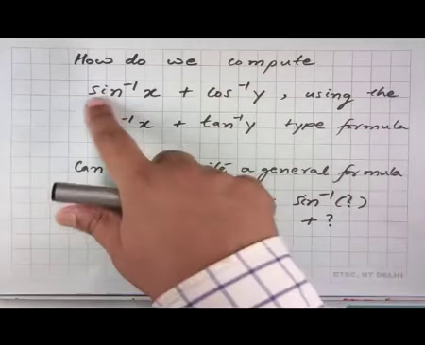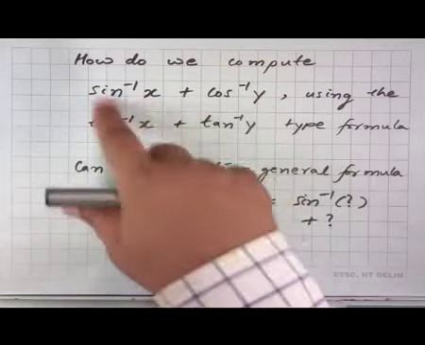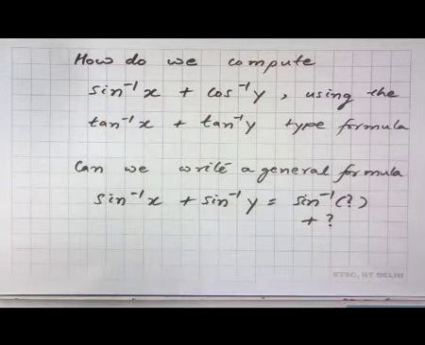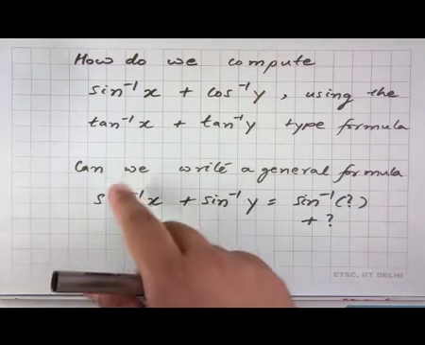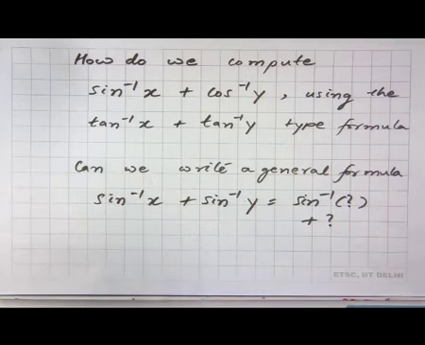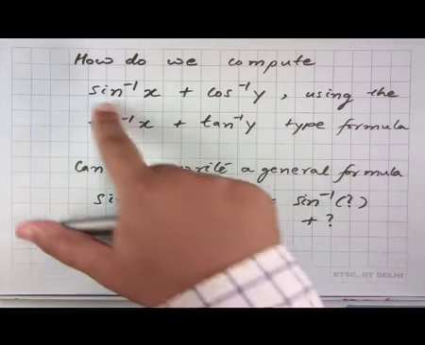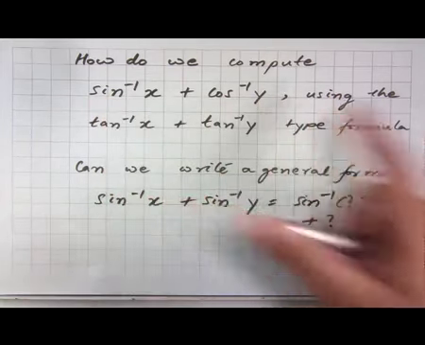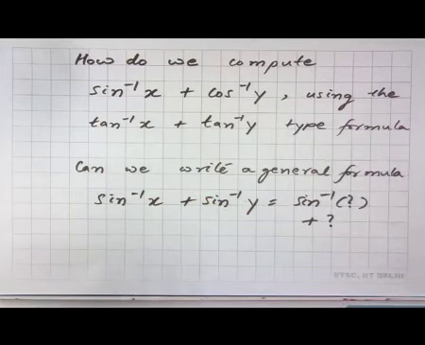Essentially we convert both these terms to tan inverses of two other variables, and since we already know from the previous slide how to add the tan inverse of two variables, we can get this whole thing as a tan inverse of one variable.